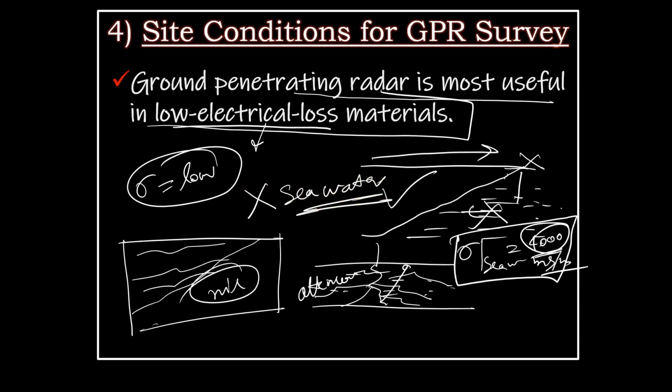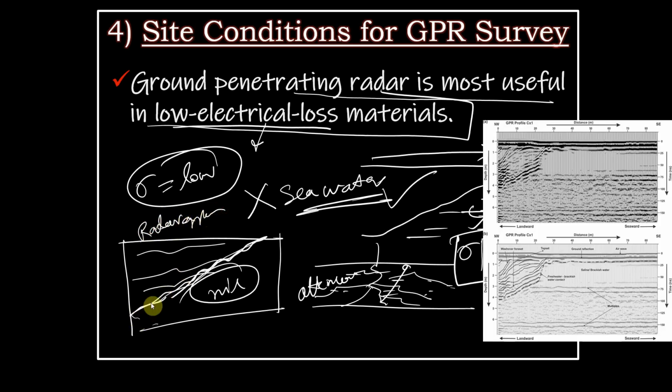If it's seawater, you should avoid it. But if there is a freshwater and seawater interaction zone, that can be identified in the radargram. So this is our radargram, and here you can easily identify the freshwater and seawater boundary. That's the fourth important point you should know before starting a GPR survey.